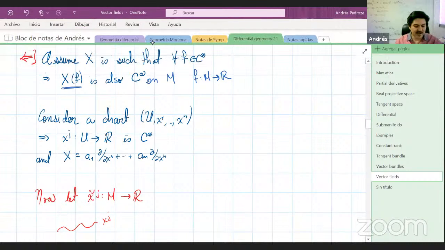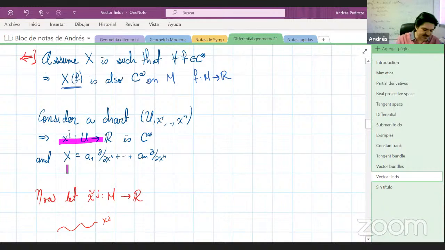So let's start. I know that X is a vector field such that every time that I plug in a function, I get a smooth function. I would like to prove that X is a smooth vector field. So let's say I would like to show that it is smooth at a point P. I take a chart around P, call it U. The coordinate functions are smooth.